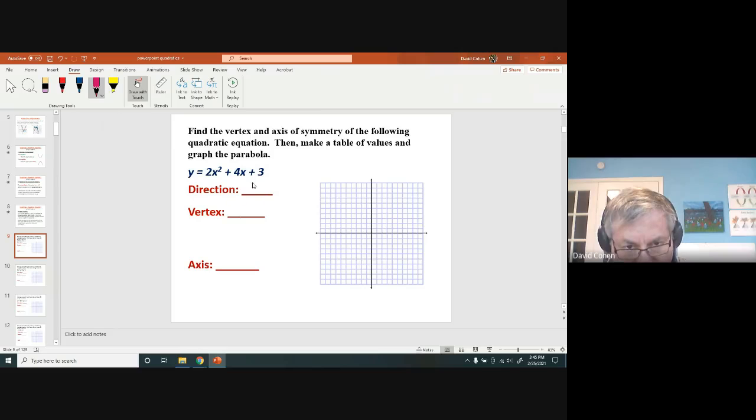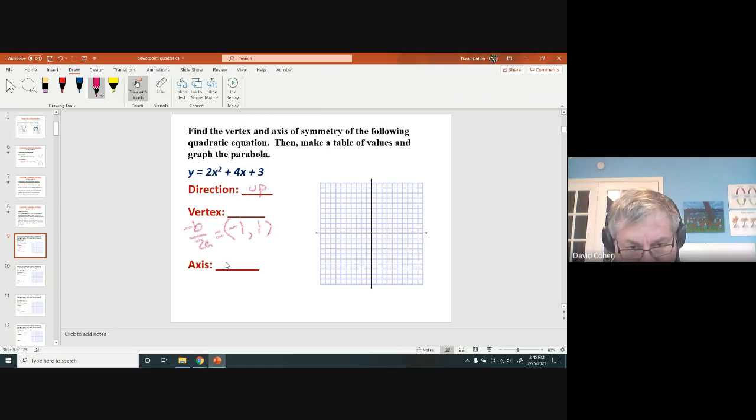So my direction is up. My vertex, as I talked through it, is determined by negative b over 2a, and that was going to be -1. When I plug that in, the y value is 1.